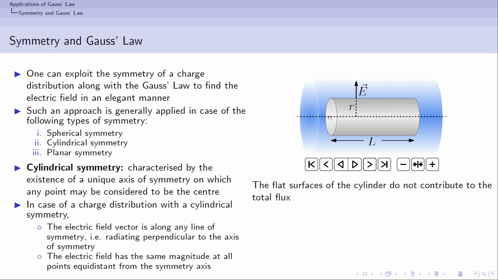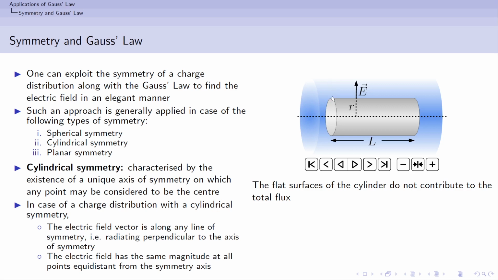On this flat surface, at this point, the normal vector will be pointing this way, because the normal vector is always perpendicular to the surface, whereas the electric field here also will be in the radial direction. So on the flat surface, the normal direction and the electric field are perpendicular to each other, and if they are perpendicular, we know that the flux is going to be 0, because flux is basically the dot product of the area vector and the electric field.